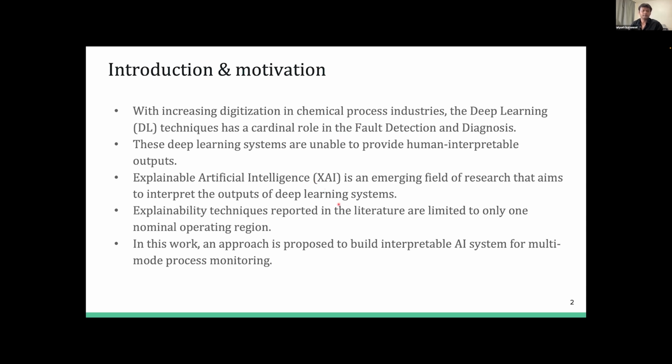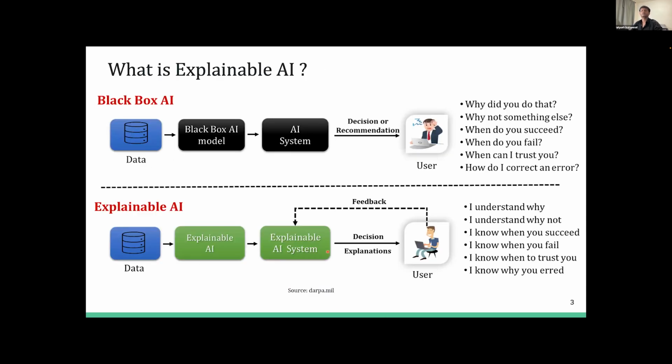Before going much into our project, I would like to tell you about what explainable AI is. We have data, and we have a black box machine learning model, which is termed a black box because we don't know what mathematics is going on behind it to give the outcomes. So the user is in an ambiguous situation: should they trust the outcomes of the system, why did the system succeed, why did it fail, or how to rectify the error.